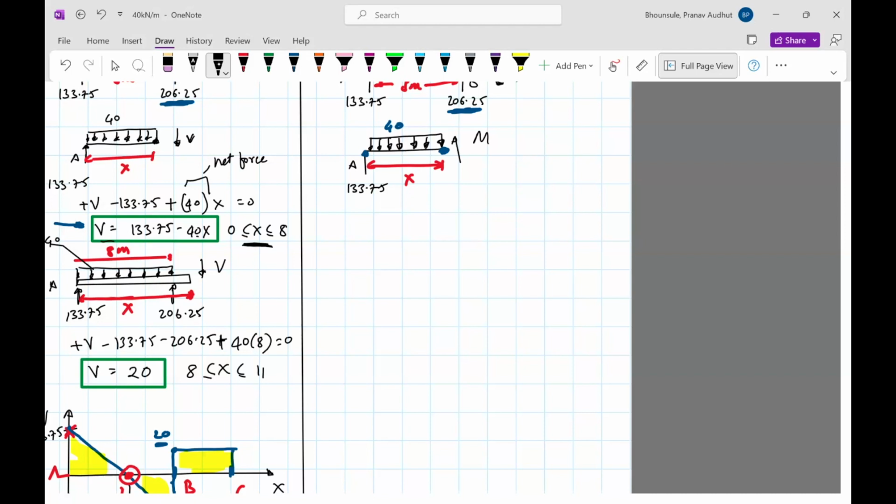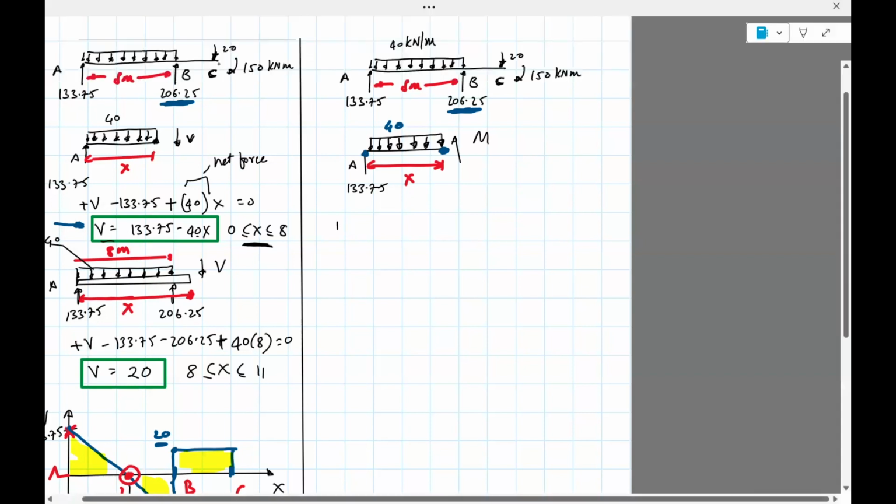Okay, so we can write 133.75 times x. This is the moment due to the reaction force at A, and that's acting in the clockwise direction. Our convention is clockwise is negative. Then we have 40 times x. This is the net force due to the 40 kilonewton per meter distributed force.